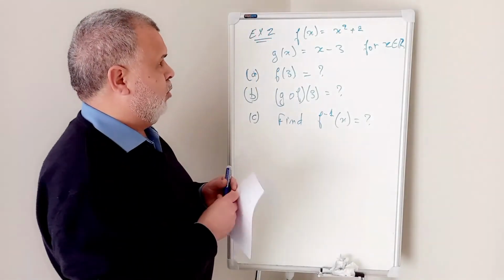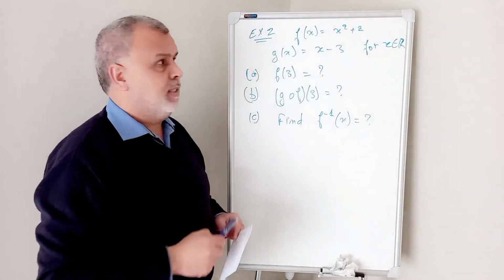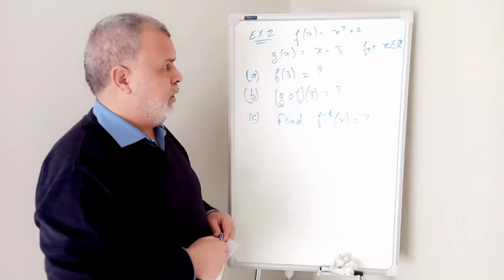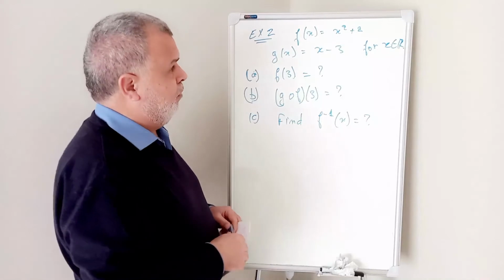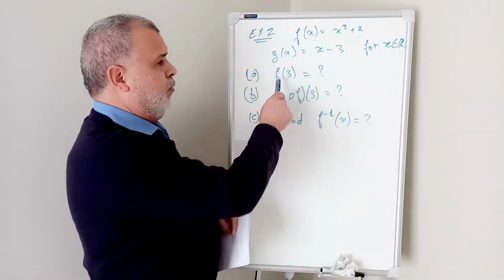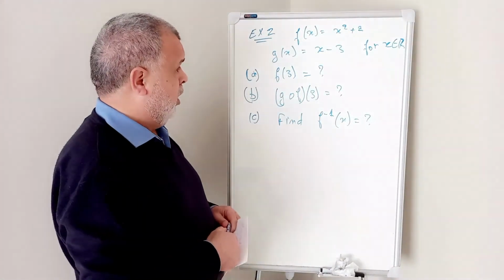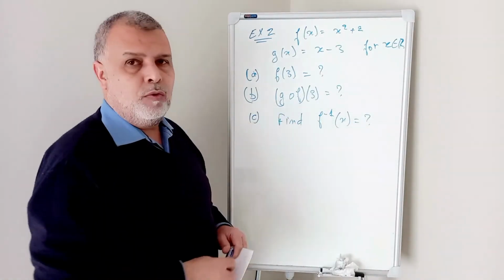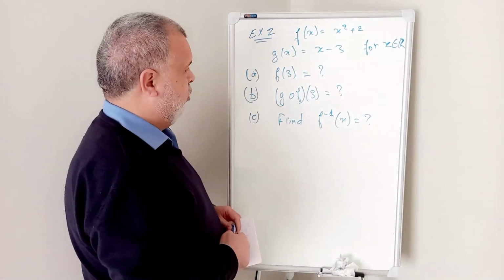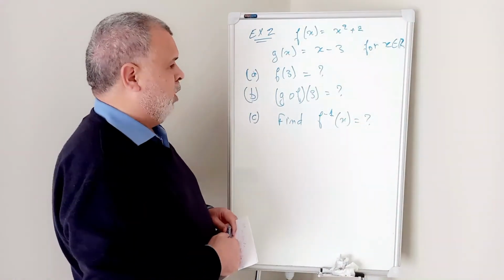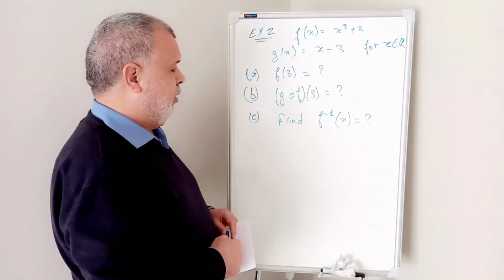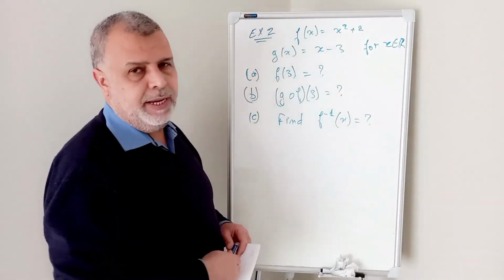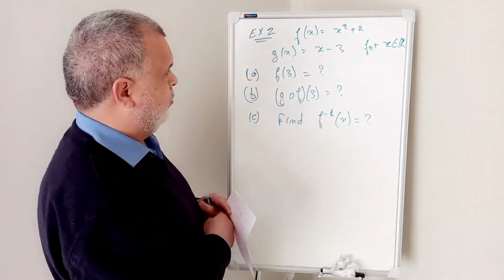For exercise number 2, we have f of x is equal to x squared plus 2, and g of x is equal to x minus 3, for x in R. So we have to find f of 3 as question A. Question B is to find the composition of g and f of 3, and then we have to find the inverse function of g, and this is what we will do now.